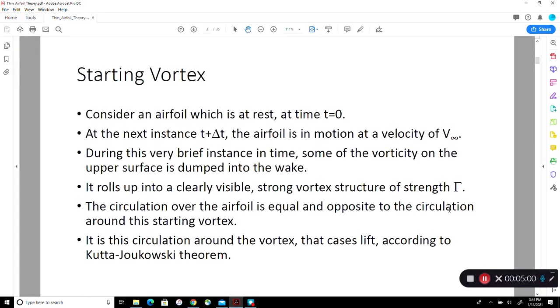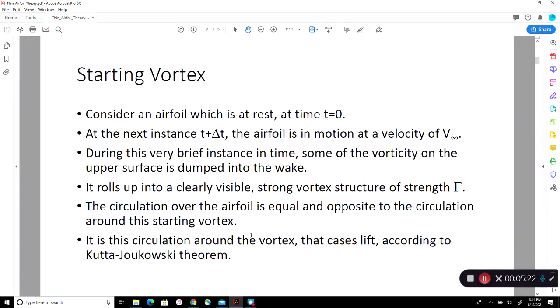One is the counterclockwise vortex in the wake, then a clockwise vortex on the airfoil. It's not a distinct vortex, it's a distributed boundary layer. So it's this clockwise circulation around the airfoil that causes lift according to the Kutta-Joukowski theorem, which we saw earlier.